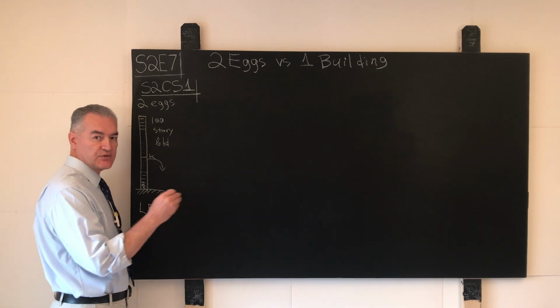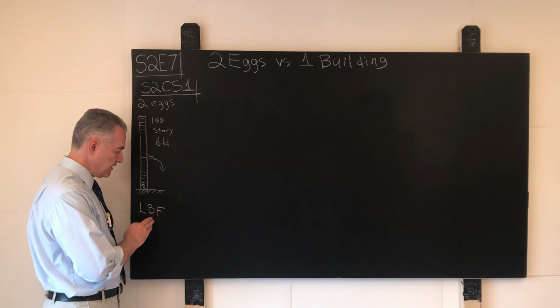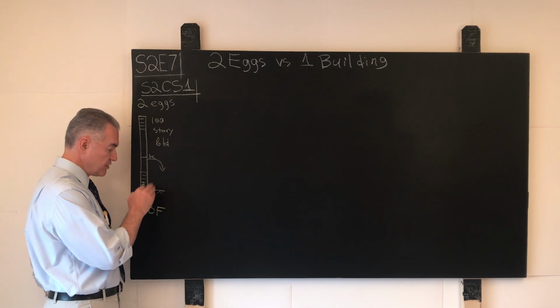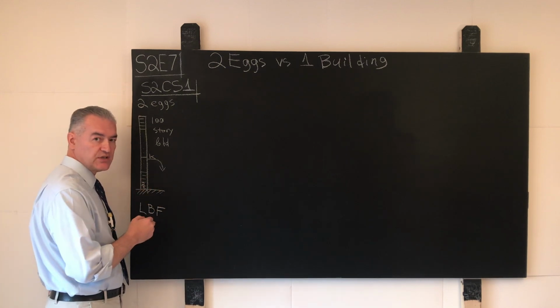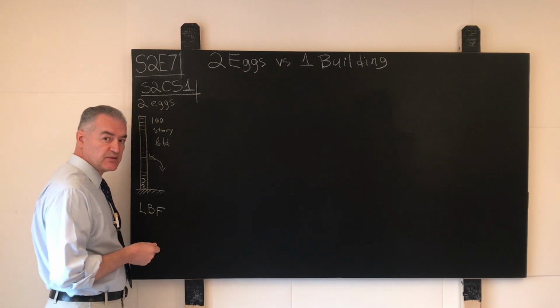We drop the egg from the second floor. If the egg breaks, then we declare that the LBF in this building is 2 and the algorithm terminates. And if the egg does survive the drop from the second floor, then we step up to the third floor and repeat the experiment, and so on.